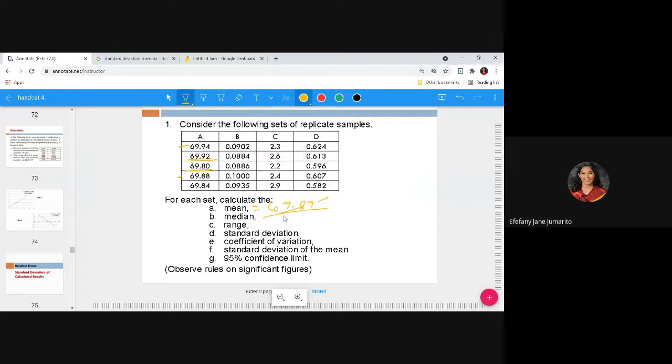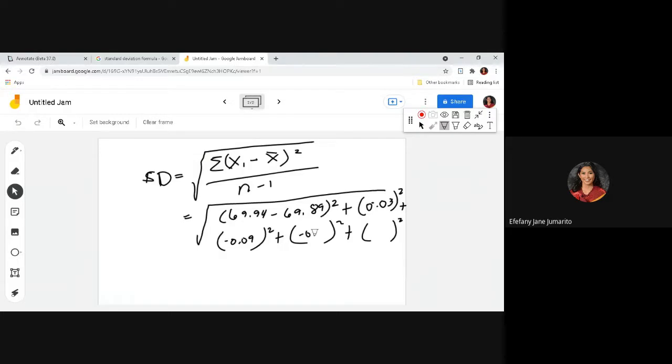That is negative 0.01, ma'am. Negative 0.01.